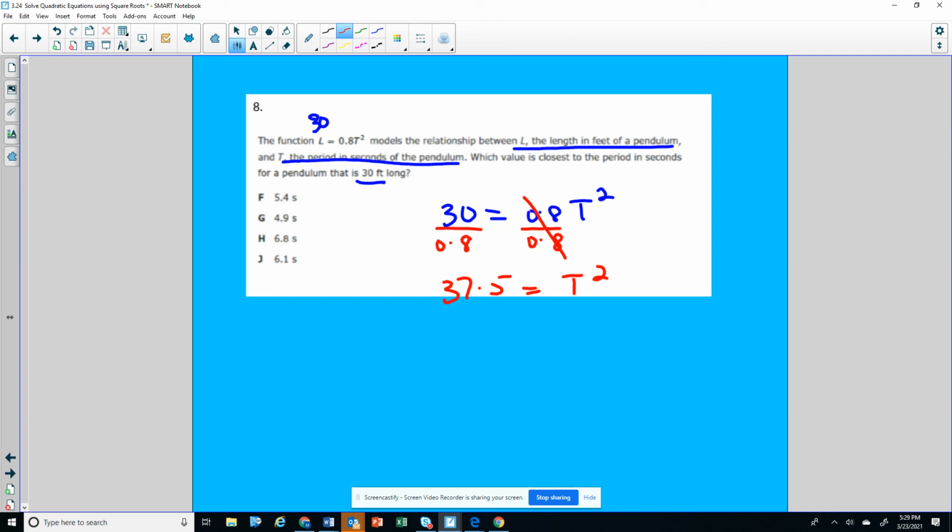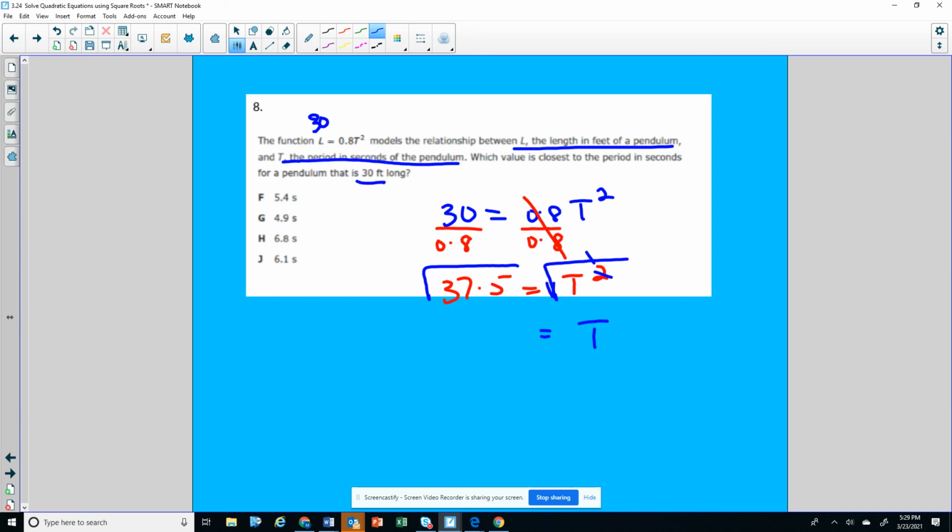Now to find T, I've got to take the square root of both sides. Square root here and the square root there. The square root cancels the 2, right? So I'm left with T is equal to the square root of 37.5. Let's see if I can find that square root.